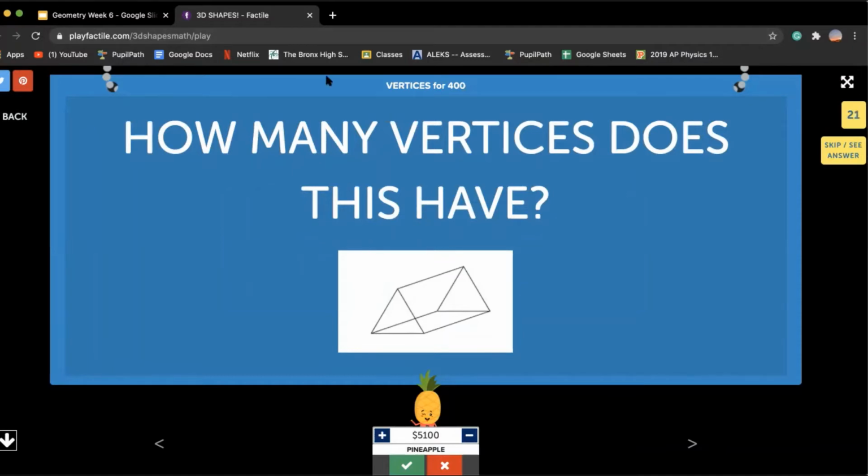I believe this has 6, but we can count together. 1, 2, 3, 4, 5, 6. Okay, so we have proved that it has 6 vertices.